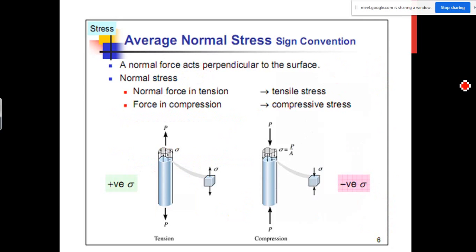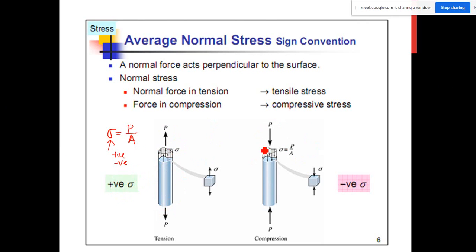As I said, the stress is equal to P over A, and the stress can be positive or negative. If the stress is positive, it means the force acting on the material tends to make the material become longer.